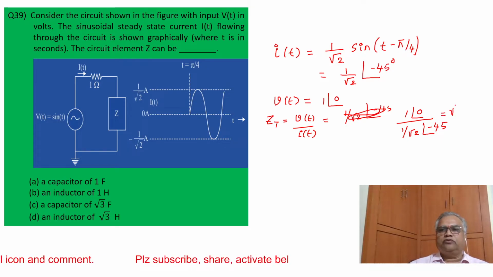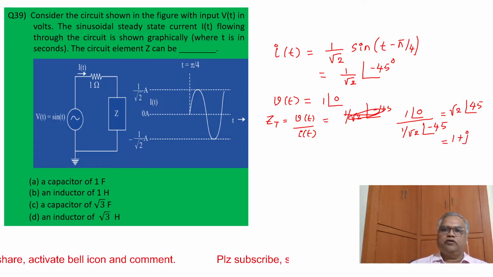So this is equal to root 2 angle 45, which is nothing but 1 plus j. So Z of t is 1 plus j.